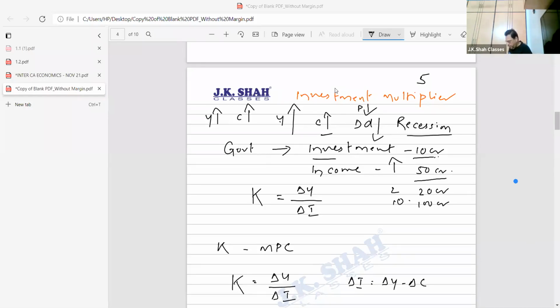This will result in deflationary conditions. Full stop.